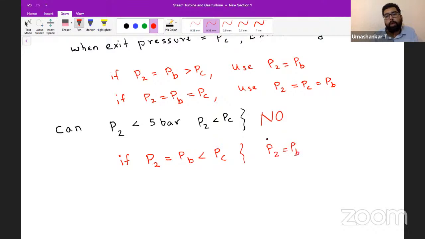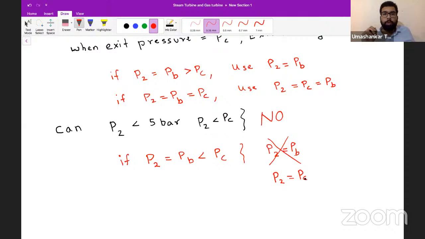No, you cannot use P2 equal to PB, because we cannot attain a pressure below the critical pressure in the nozzle. So in this kind of case, you have to use P2 equal to PC.